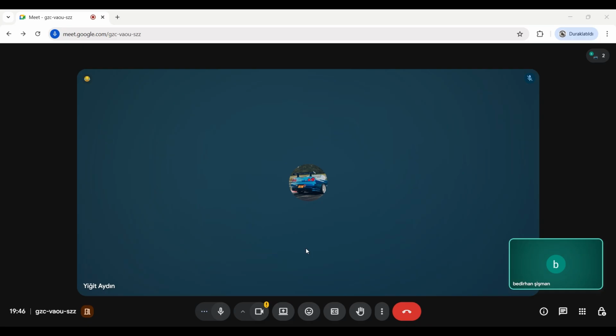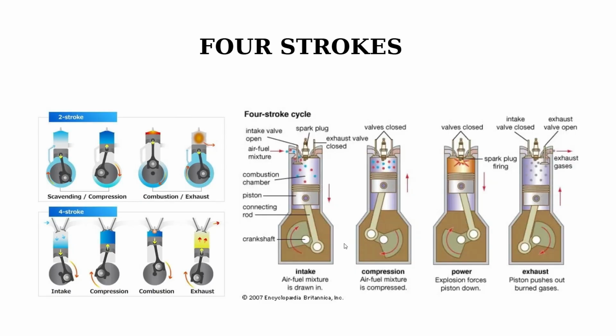This low pressure causes the air and fuel mixture to be pulled into the cylinder. So the engine is basically, we can say, breathing in during this stage. The cylinder fills with a mixture of air and fuel, which is necessary for combustion.